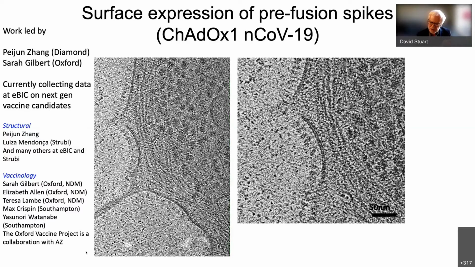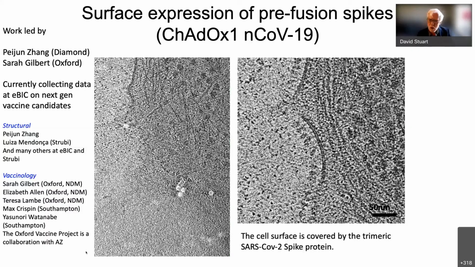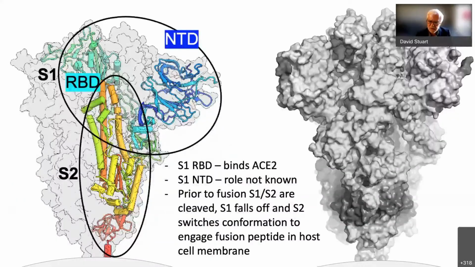Its job is, first of all, to recognize the cell receptor, and that recognition is done through the receptor binding domain. The best defined and essential cellular receptor is ACE2, and that binds to the receptor binding domain at the top of the molecule.